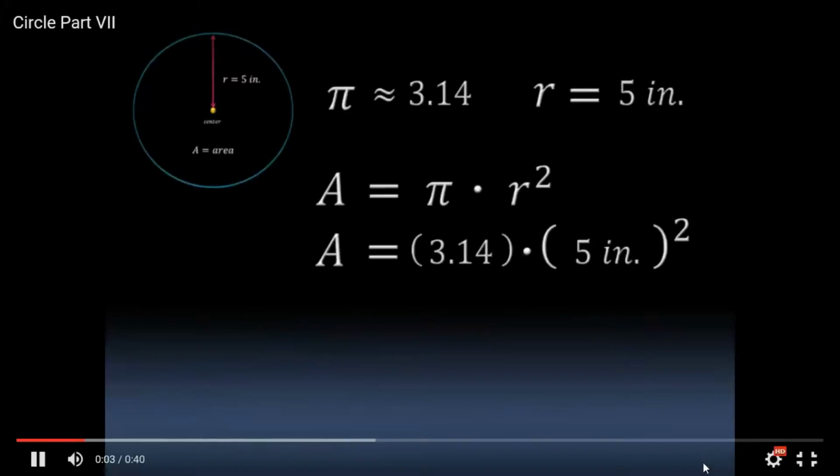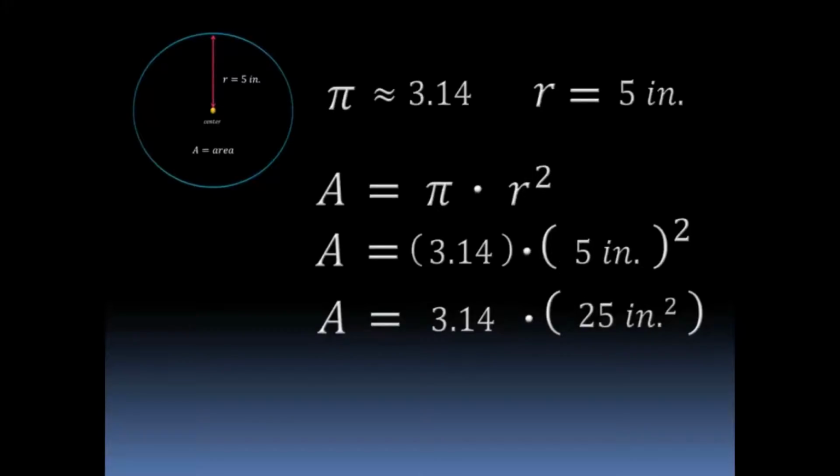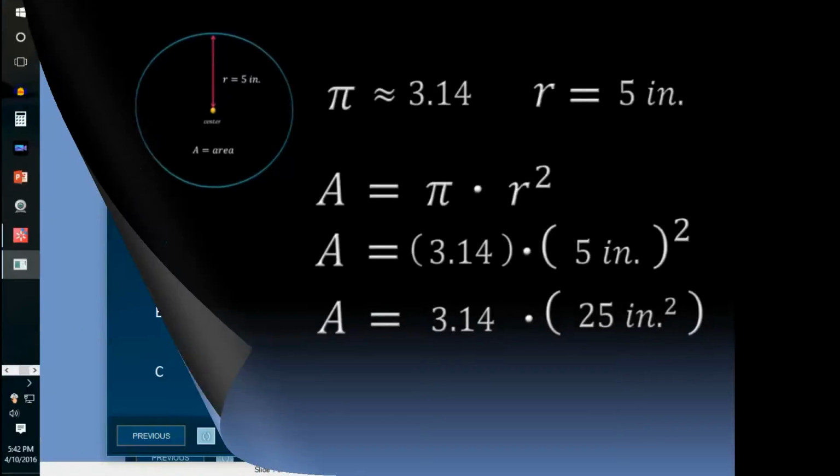Continuing with our calculation, our area will be equal to 3.14 times 5 inches squared. This is like 5x squared, and 5x squared is 25x squared. 5 inches squared is 25 inches squared.